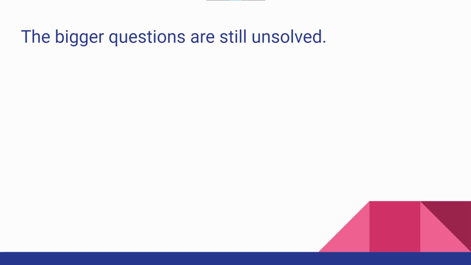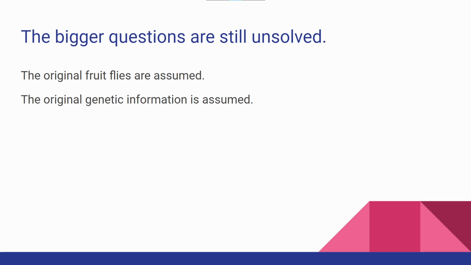Even beyond that, the bigger questions are still left unsolved. The fruit flies were assumed to exist. Where did they come from? The genetic information in the fruit flies was assumed to exist. Where did that information originally come from?